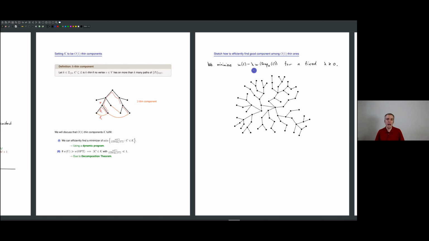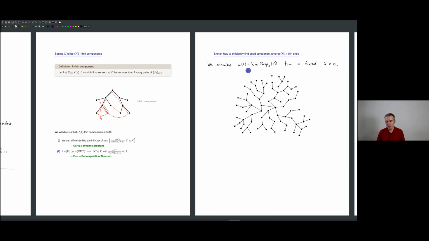So essentially I want to find the largest lambda such that the minimizer we have here is larger or equal than 0. I hope I set this right. Let me just check. Yeah, that makes sense. So I could do some binary search over lambda to get the right one.